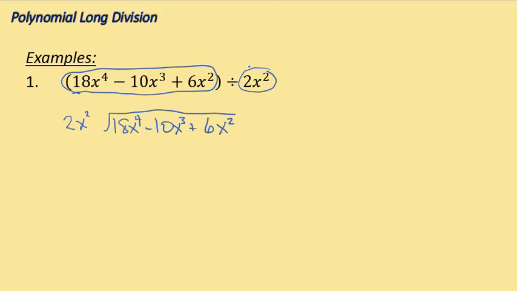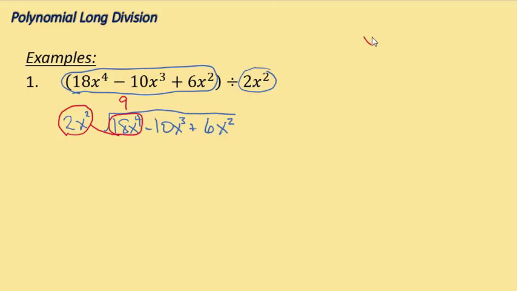If you remember with long division, I'm going to take the divisor on the outside and divide it into the first term inside, which is 18x to the 4th. So what's 18 divided by 2? 18 divided by 2 is 9.